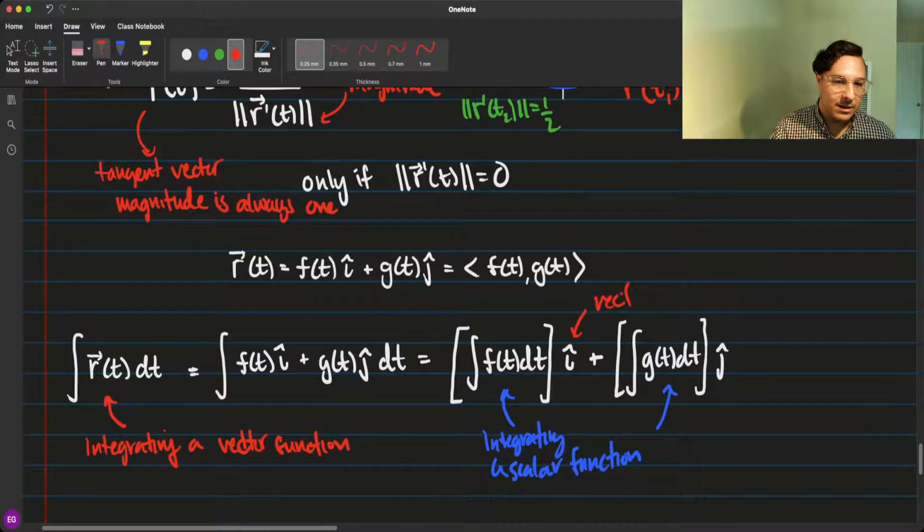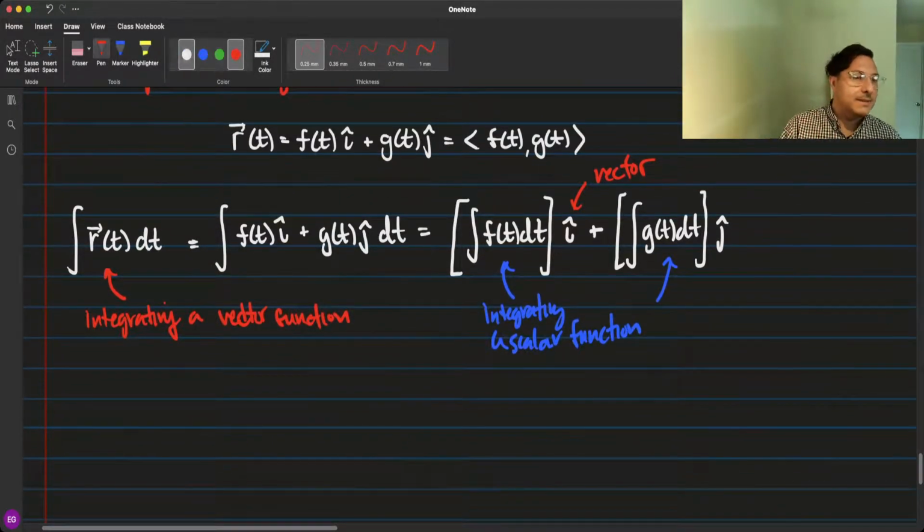This vector. So you have to realize that when you integrate a vector valued function, you end up getting another vector valued function, but you calculate that by splitting it up into these two individual ones. So when you integrate a vector valued function, you get a vector. Okay.